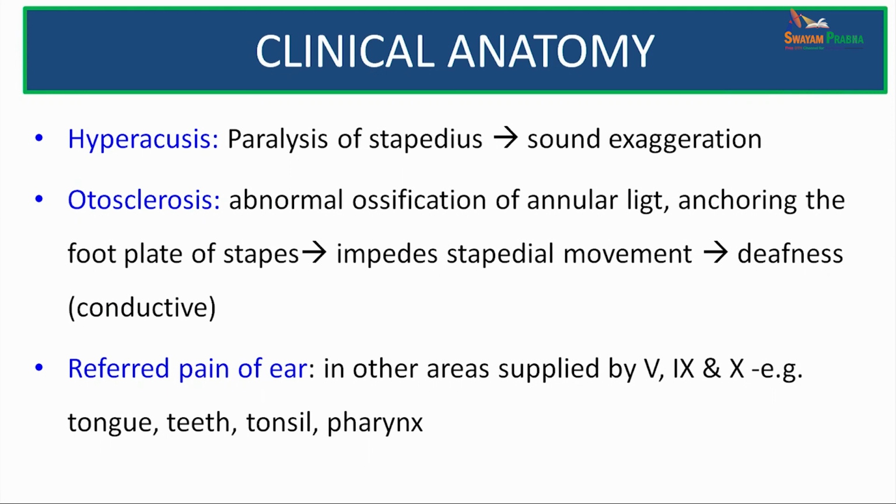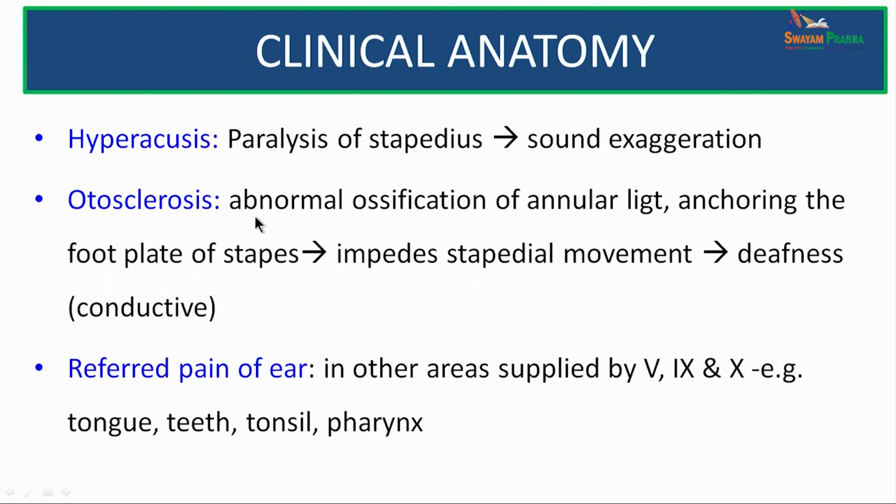Looking at the different aspects, hyperacusis occurs, that is an increased sense of sound, when there is paralysis of stapedius. We noted that the main action of stapedius was to dampen the sounds. So, damage to the facial nerve or to the stapedius can lead to hyperacusis.